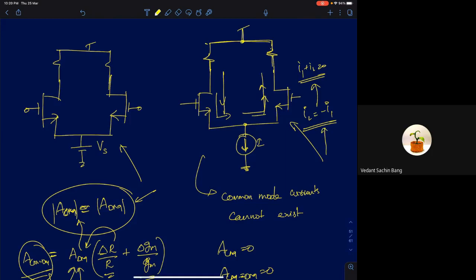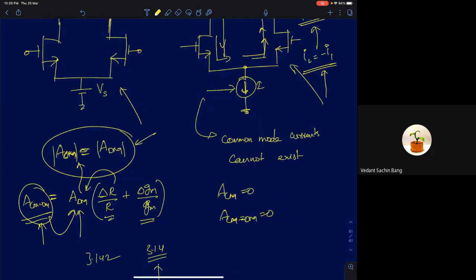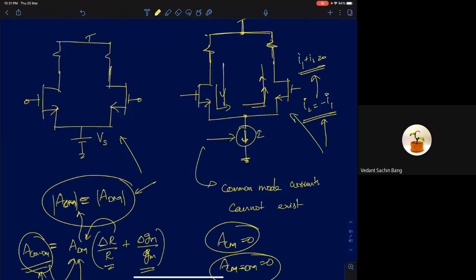I2 is exactly 180 degrees out of phase, the magnitudes are the same, so therefore I1 and I2 are differential signals. The differential nature of this is enforced by a constant current biasing, because of which your ACM will be zero, and ACM-DM will also be zero in this circuit. And that's the huge advantage of a current source biasing. Even in the presence of mismatch, it can still guarantee you a good degree of differential operation.